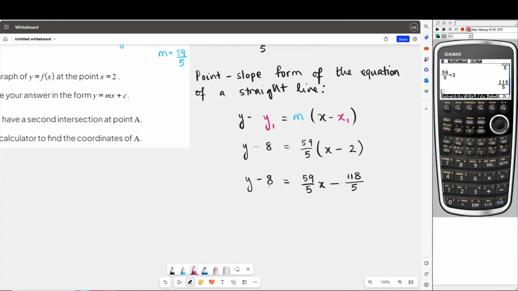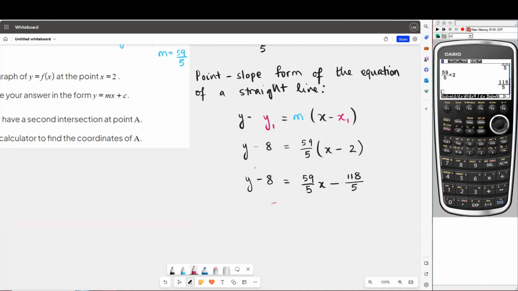Okay, then the next step is to add 8 to both sides, right? If we're adding 8 here and adding 8 here, that's because I'm trying to undo this minus 8 that's here. The equation is supposed to say y is equal to mx plus c. y is supposed to be isolated on its own, so I need to remove anything that's on the same side as y, right?